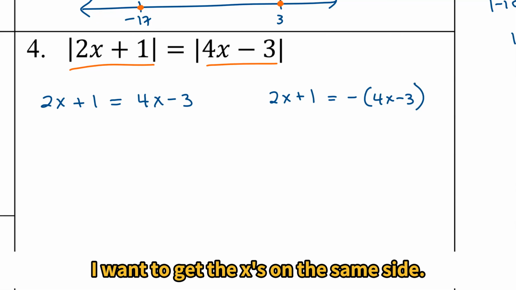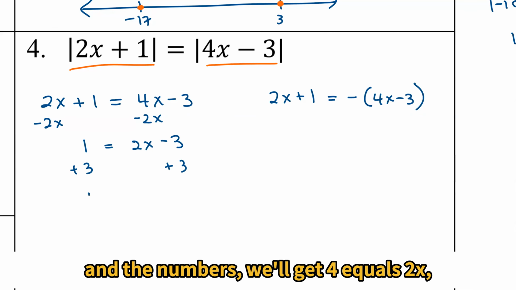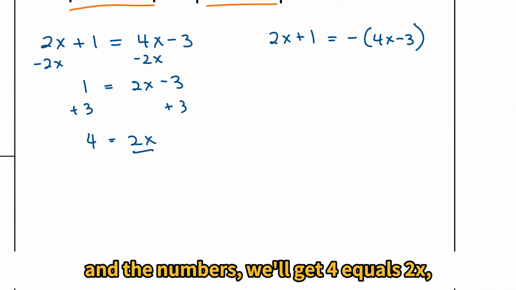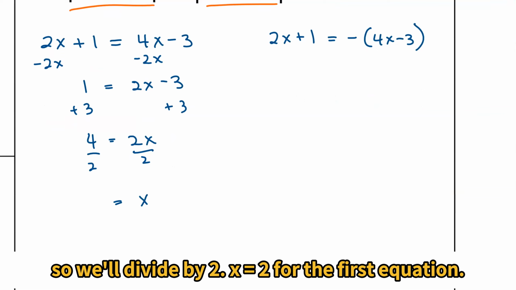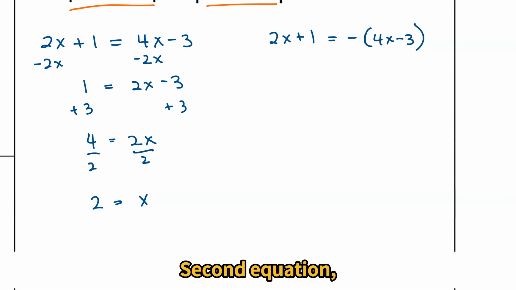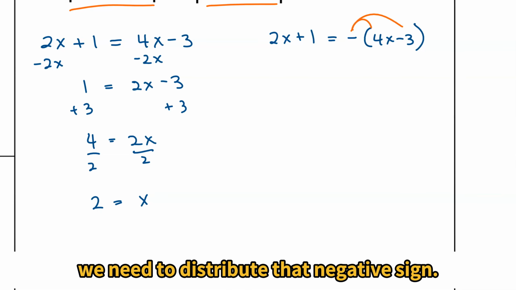Okay, so solve the 2 equations. Let's go through it. I want to get the x's on the same side and the numbers. We get 4 equals 2x, so we'll divide by 2. X equals 2 for the first equation. Second equation, we need to distribute that negative sign.